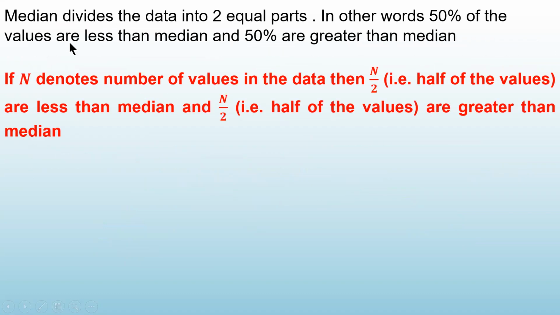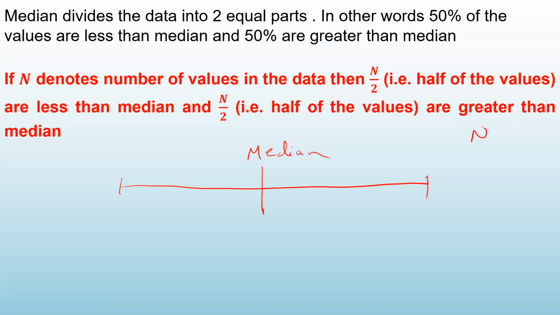Then we have seen how to find out the median for the raw data. So see, when I'm saying half the values, suppose n denotes the number of values in the data. Total values are n, for example. This is your median. And total values are suppose capital N. So N by 2 is half of the values less than median and the remaining half greater than median.